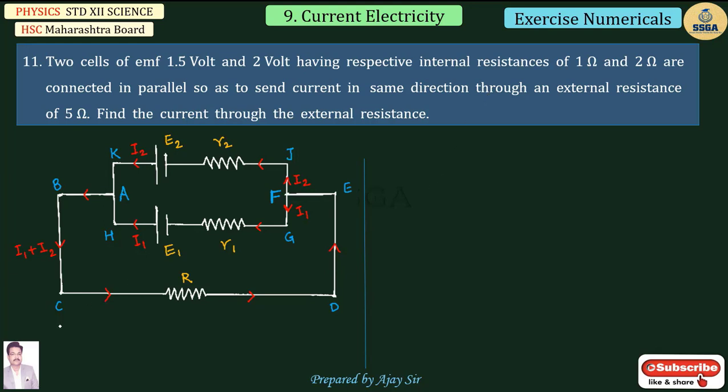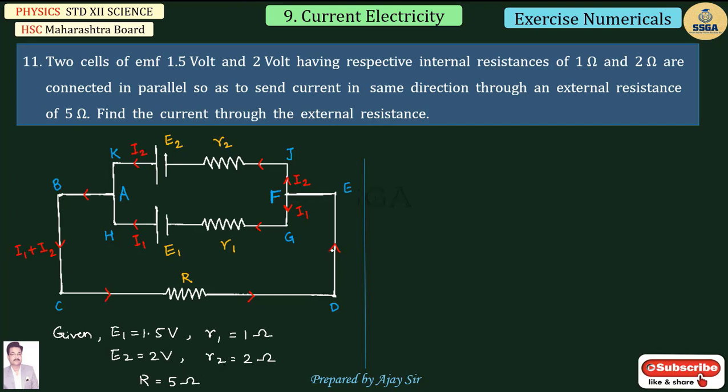Now here, so given things, that is E1, which is equal to 1.5 volt, and their corresponding R1, that is 1 ohm. Similarly E2, which is equal to 2 volt, corresponding R2, which is 2 ohm, and external resistance, that is capital R, that is 5 ohm.